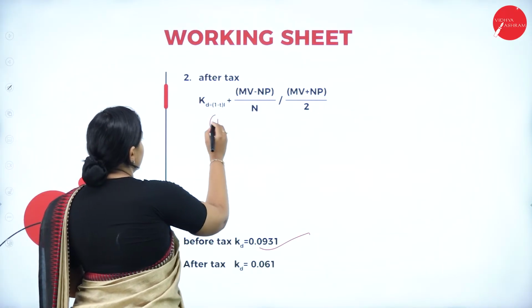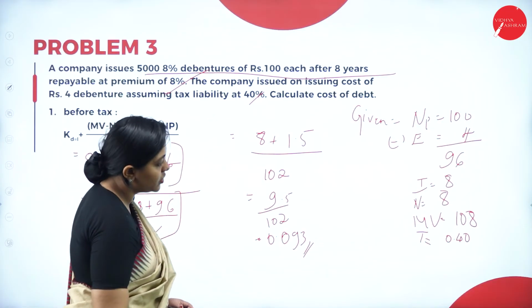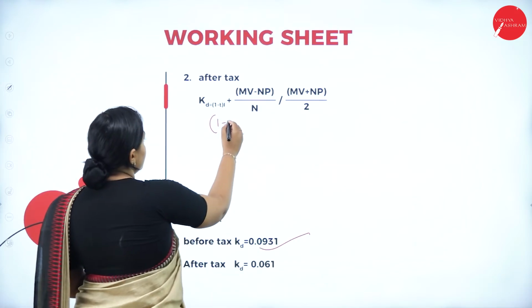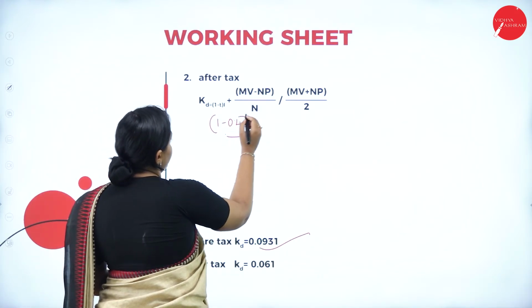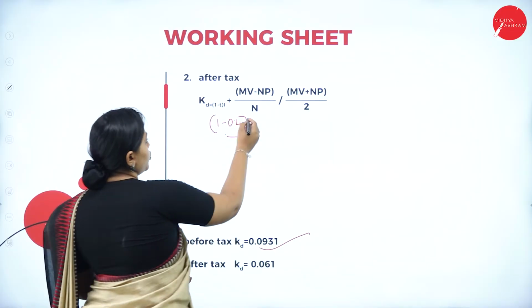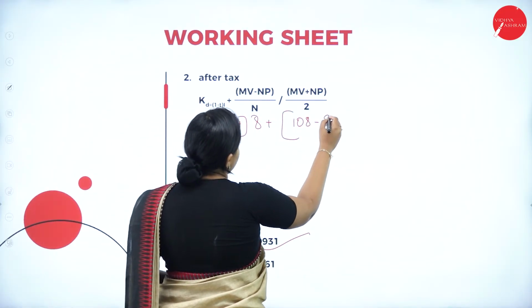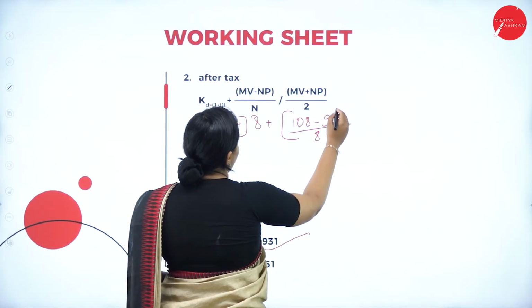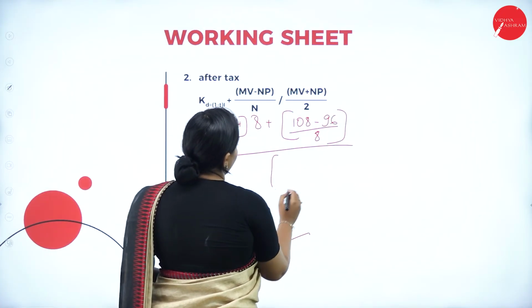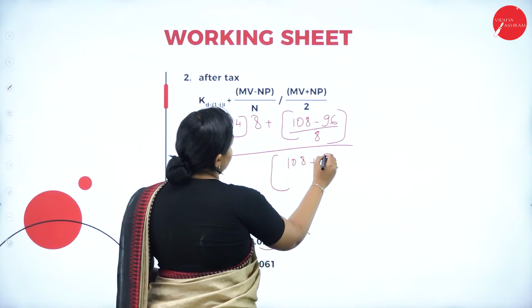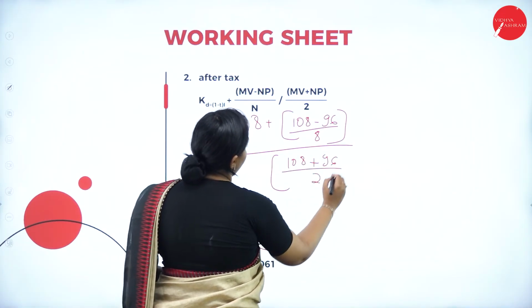Similarly, we are doing it for after tax. 1 minus tax rate is how much? Given in the question, 40%, 0.4. Interest is 8 rupees plus maturity value minus net proceeds divided by number of years, whole divided by maturity value plus net proceeds divided by 2.